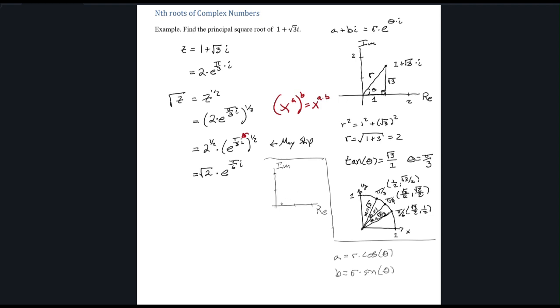And we are making an angle of pi over 6. So here's an angle of pi over 6 and a length of square root of 2, and this point right here is the point that we're trying to find.